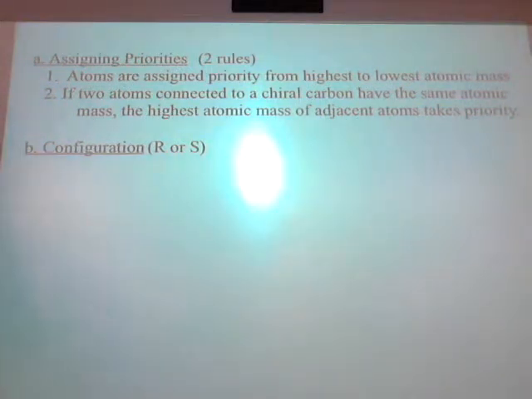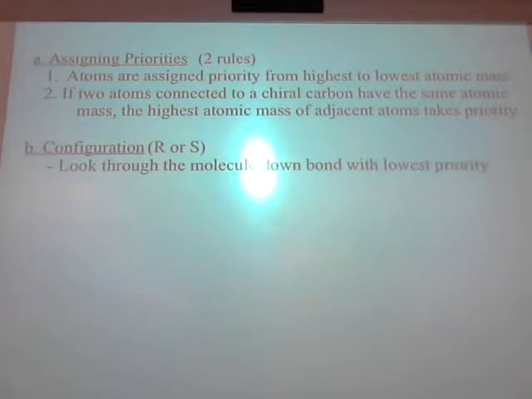You have all the tools now. I'm just going to show you how to draw it. First of all, you're going to look, like I just said, through the molecule down the bond of lowest priority.